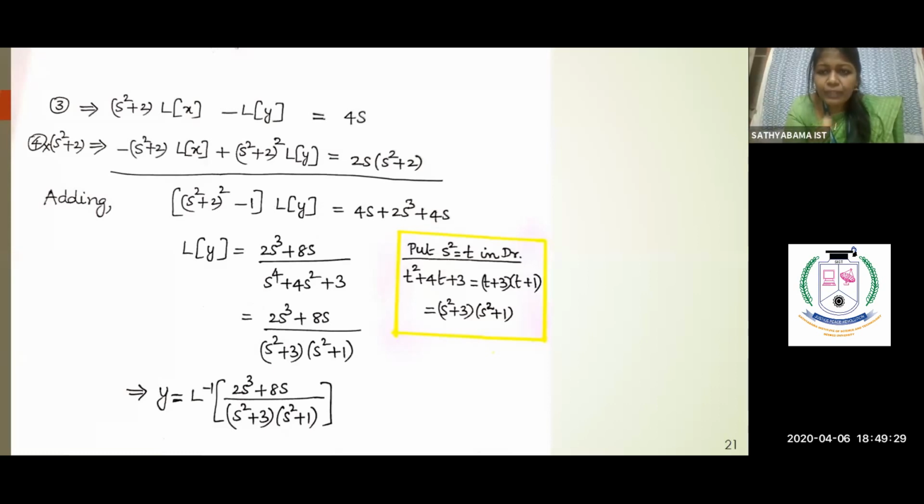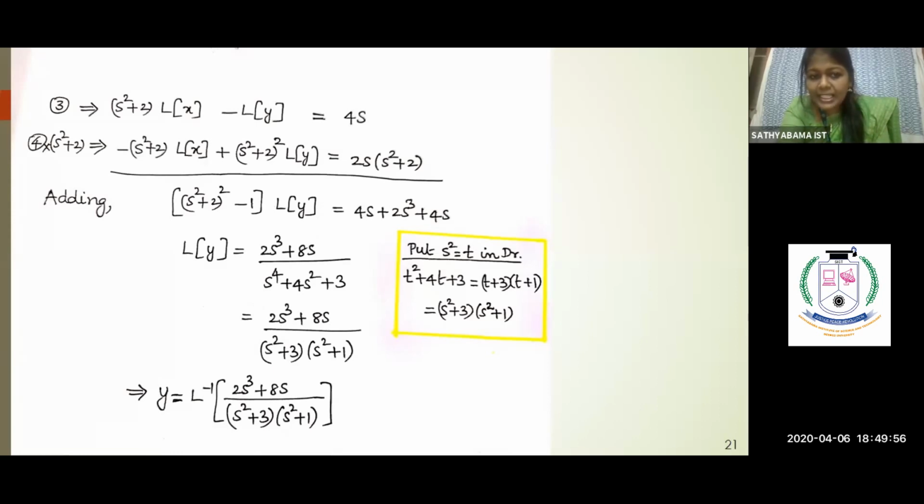Okay. So from this, what should you find? You should find L of y. So have L of y on the left hand side, bring all the other terms to the right hand side. Okay. So that's what I've done. L of y is equal to 2s cube plus 8s divided by, what will you have in the denominator? See, what is s square plus 2 the whole square? It is s power 4 plus 4s square, which is the 2ab term, plus 4, which is the b square term.